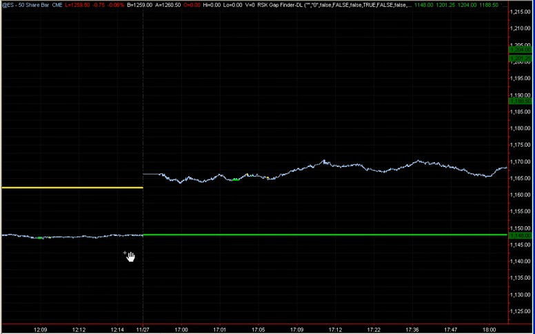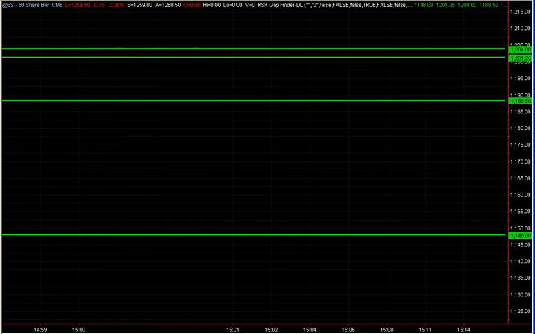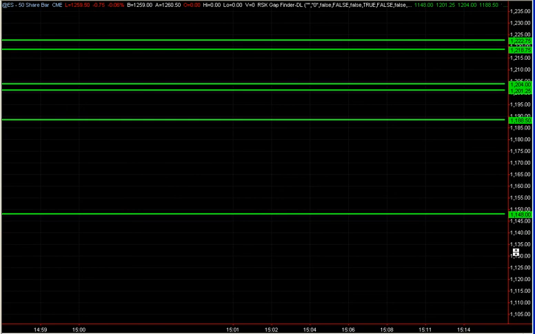Mark my word. Now, keep in mind also that we have gaps at 2275, 18, 1204, 1201, 1188.50, and so on down the line. So we've got a lot of gaps that have got to be filled here.